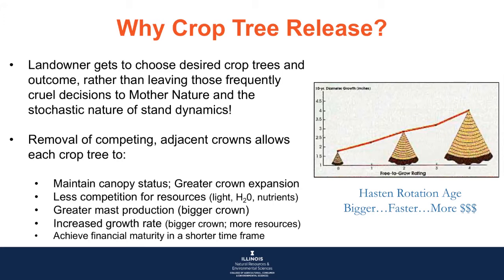If you do some frequent crop tree release treatments, you can shorten that rotation age down to maybe 50 years or 60 years. So just think of it as you're getting bigger trees, you're getting them in a quicker amount of time, and ultimately you're going to generate more money. So bigger, faster, more cash.